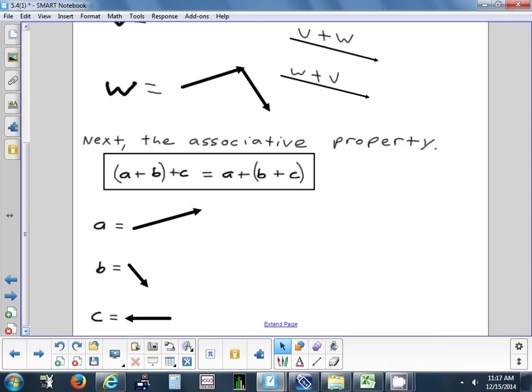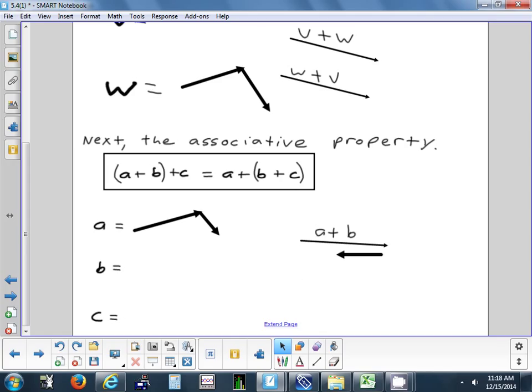Let's do it on the left first. Take A and add B onto the end of it. So there's A plus B. And now what does it say we're going to add on to A plus B? C. Okay, just add C right onto that.